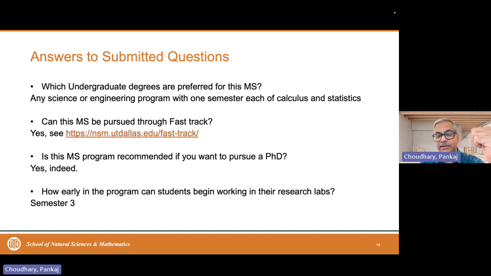And definitely, if your career goal is to pursue a PhD in a biomedical or health-related discipline, then this is something that is highly recommended. You learn these skills, and then you can use them in your PhD research and later. This goes back to one of the things that I mentioned earlier.